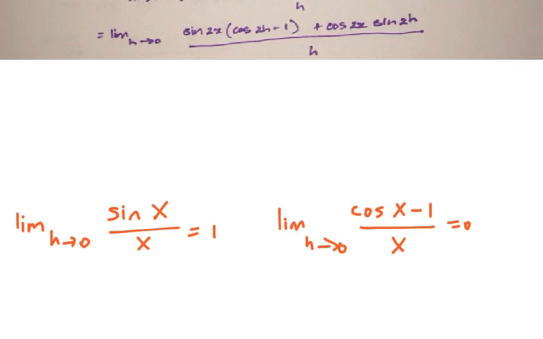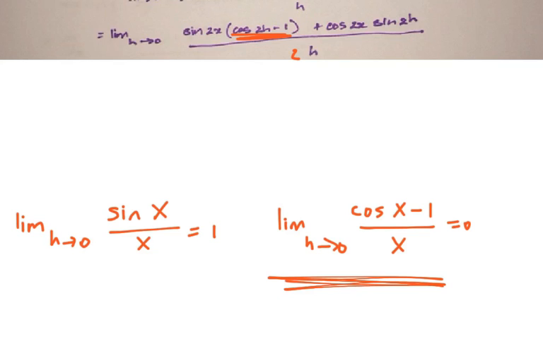Now, when I look at the question that I have, when it comes to cos, I have a cos 2h minus 1 on my numerator. If I want to use this function here, I must have a 2h in my denominator.